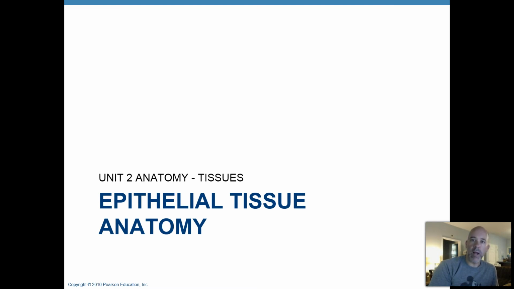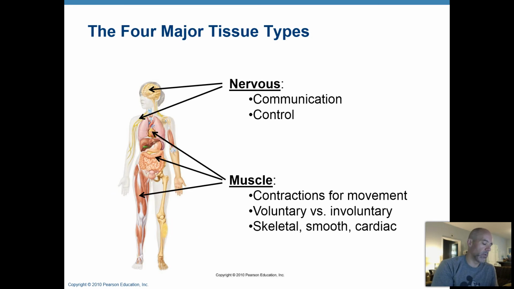And you might want to print out the full PowerPoints for the tissues and the skin anatomy so that you can follow along with me, because I've left a lot of images unlabeled, and I'm going to fill those in as I talk about them. So again, I'm going to primarily focus here in the anatomy section just on what the parts are and how to identify them. All right.